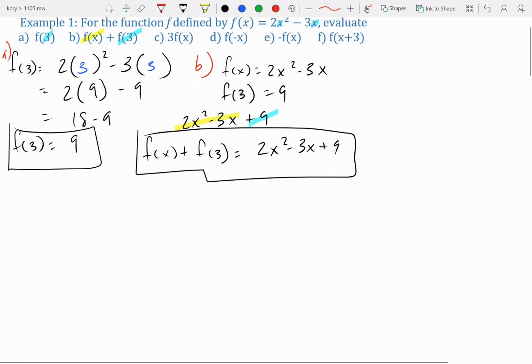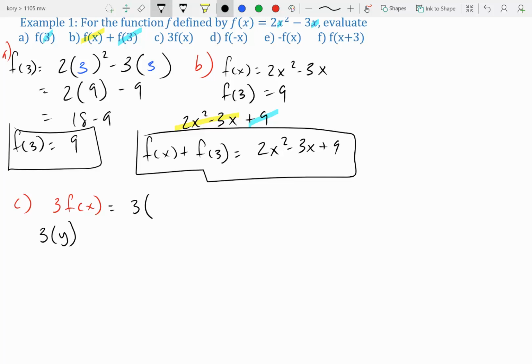Alright, part C. Part C wants to do 3 f of x. So if you notice, f of x is the same thing as y. So it wants us to do 3 times our function, our y. So 3 f of x equals 3 times 2x squared minus 3x.